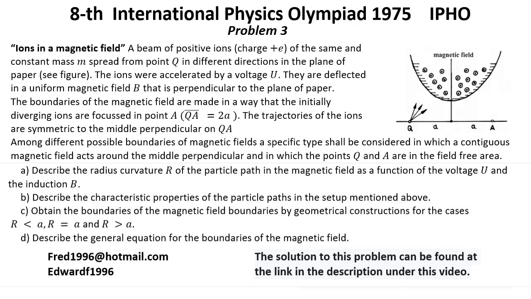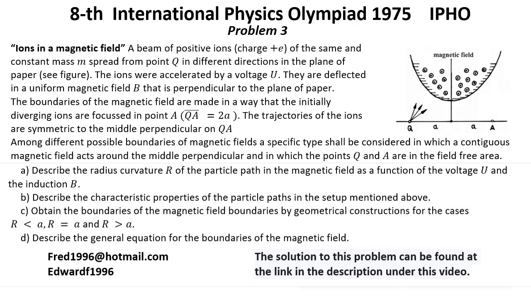Question A. Describe the radius of curvature R of the particle path in the magnetic field as a function of the voltage U and the induction B. Question B. Describe the characteristic properties of the particle paths in the setup mentioned above.